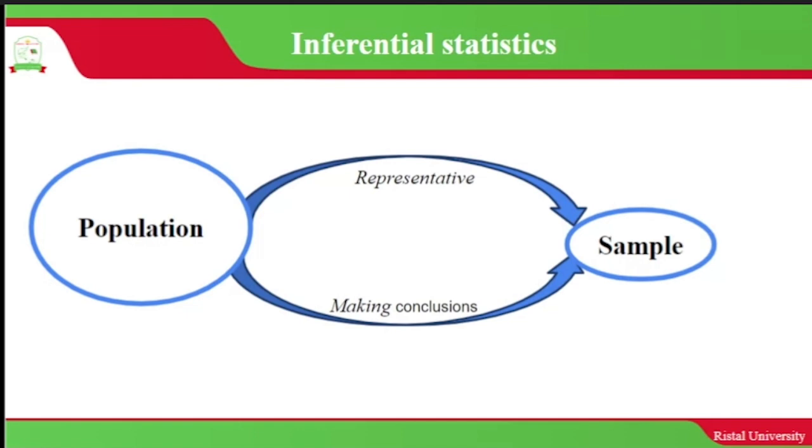So let's look at some key concepts in inferential statistics. Let's look at what we mean by a population and then a sample. A population is usually who or what you want to study, a bigger group of what you want to say something about.